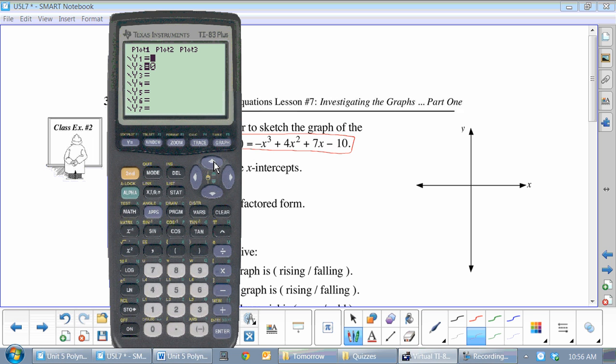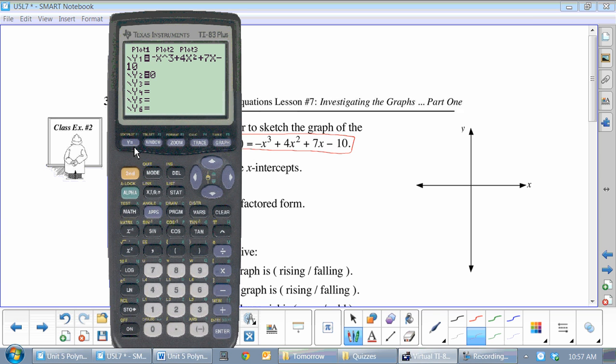Okay, so I'm just putting in negative x cubed plus 4x squared plus 7x minus 10. Okay, now how many times do you think it should go through that x-axis? 3 times, okay? 1, 2, I put something in wrong. I can tell you already. I got 3 though. That's pretty good.